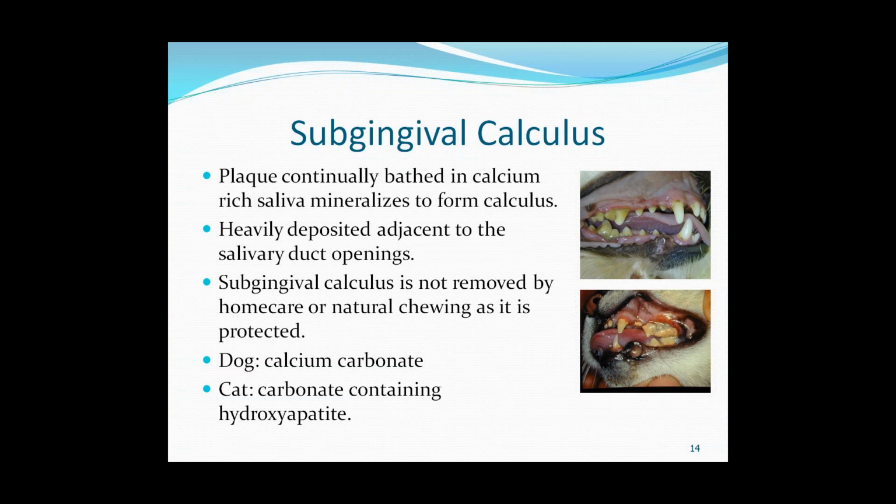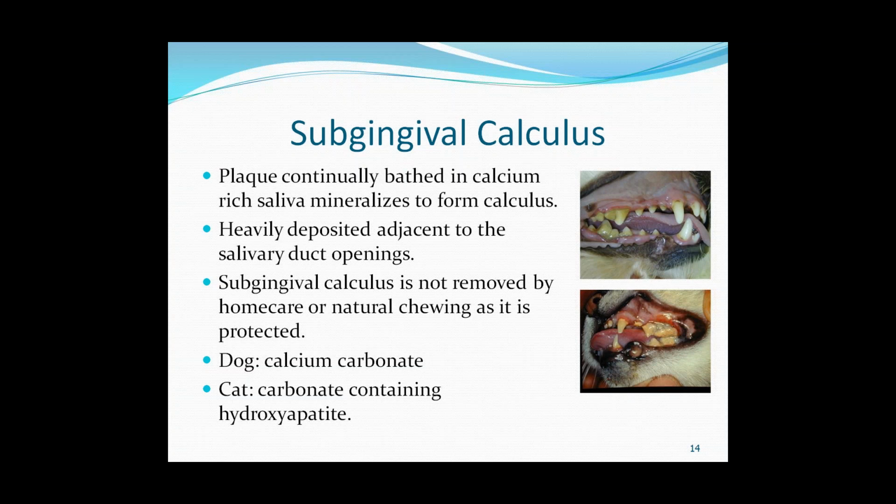But not only does calculus form supragingivally, it also forms subgingivally, i.e. under the gum, and it's actually very rough and therefore provides a perfect surface for plaque to accumulate. It encourages and enhances the periodontitis and the progression of periodontal disease.